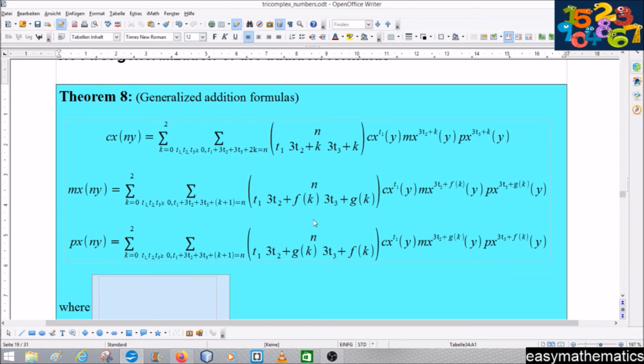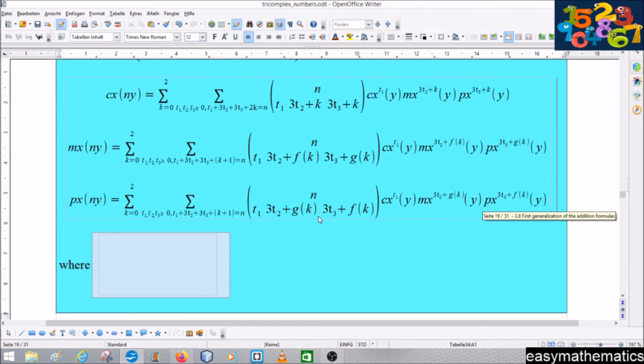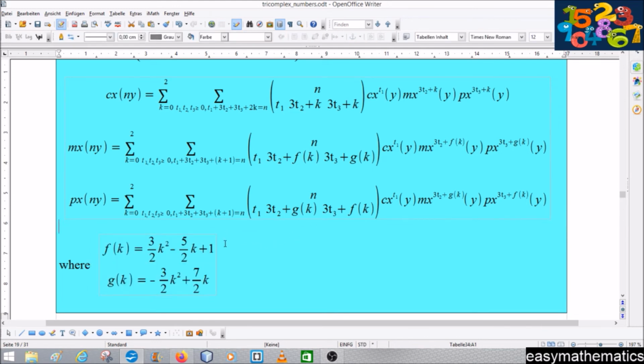And what are f and g? Yeah, f and g are the following expressions. Like I said, if you play this game with pen and paper and do it carefully, it's really messy, and then there is some structure which you can analyze, and this is what I came up with.